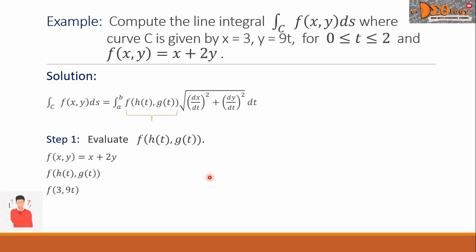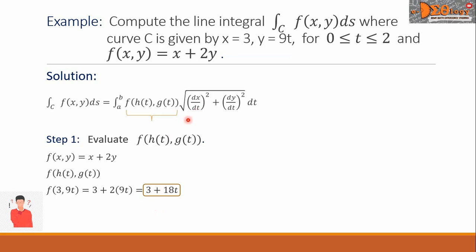And by these parametric equations, we can write f of 3, 9t. So evaluating our f of x y with respect to 3, 9t, this becomes 3 plus 2 times the quantity 9t. Then we can simplify this further into 3 plus 18t. So this is our value for step 1.